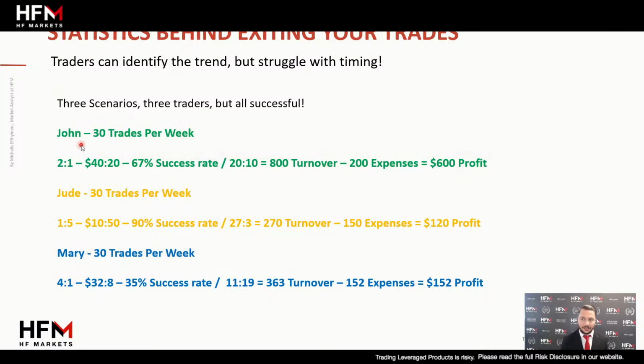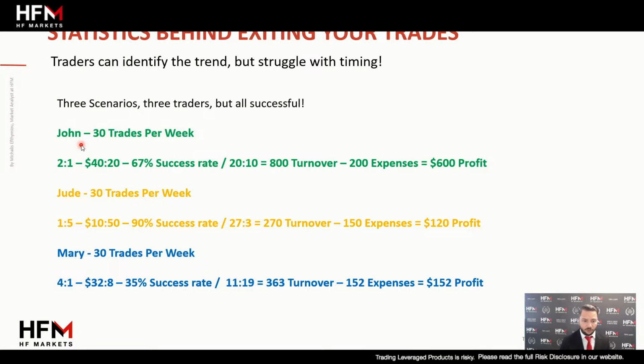So, statistics behind your trade. What I will say is every single trader can be a successful trader, whether they're able to determine how the market is likely to move or not. And I'm going to give you some real examples here. Whether you are amazing at analyzing, like myself, and you're able to determine how the market is likely to move, you can be a successful trader.